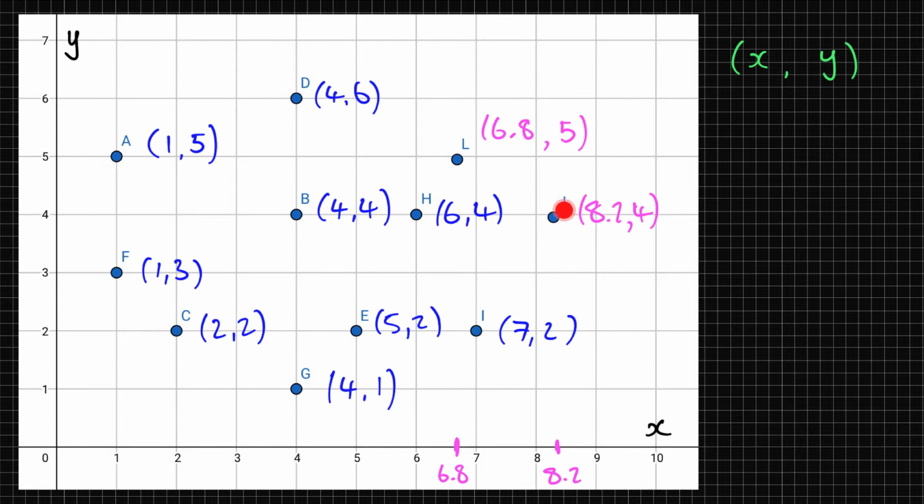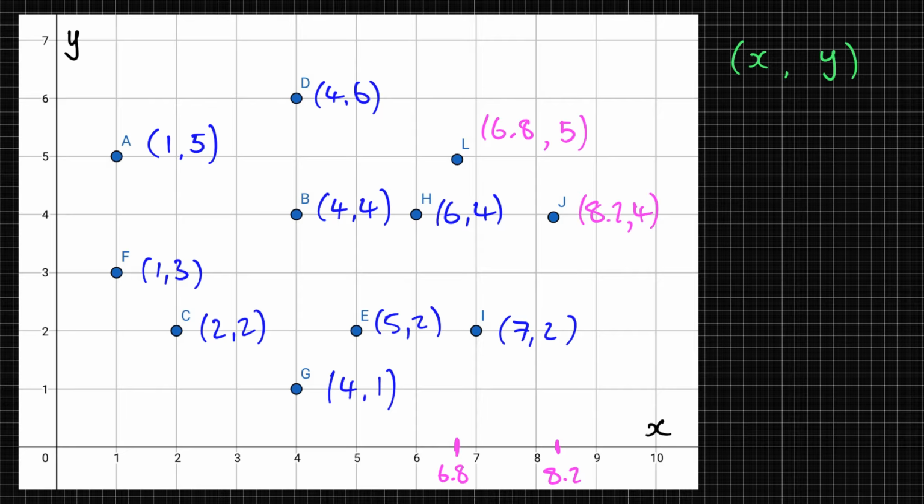These ones here in pink are slightly tricky because the X value is 8.2 and the Y value is 4. And in this case, the X value is 6.8, and the Y value is 5. So they're just two tricky ones there, just to show you a small bit.